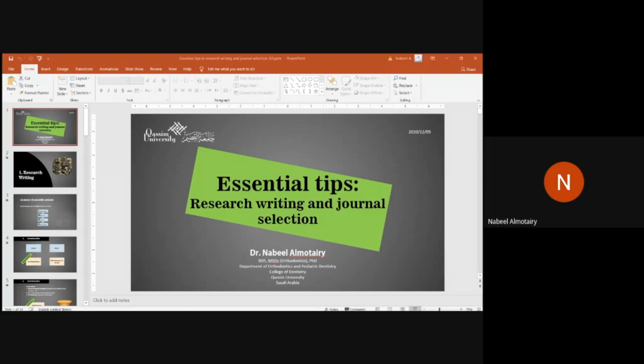For the introduction section, usually the researchers tell the readers what they are studying in their article and why it's important to study the topic. And usually they write the aim and the hypothesis at the end of the introduction, and usually they present a well-balanced literature review. So the introduction follows the funnel method.